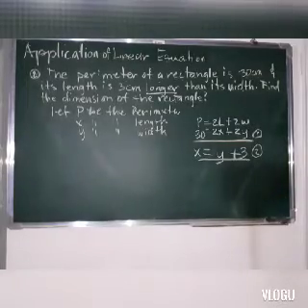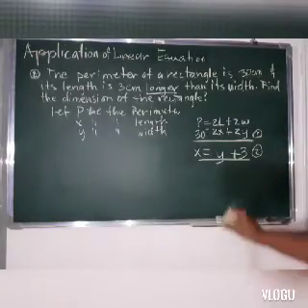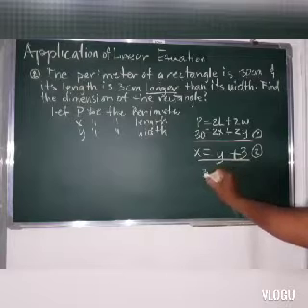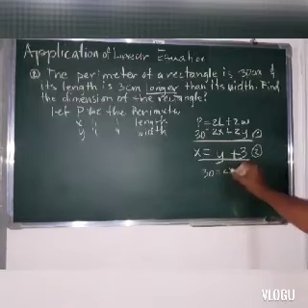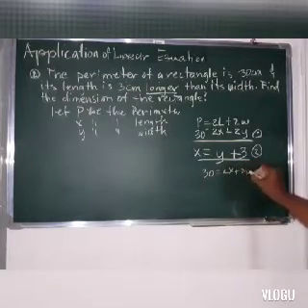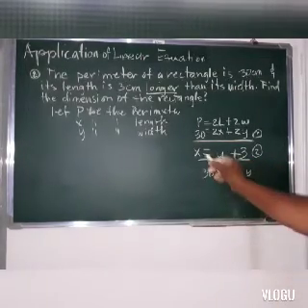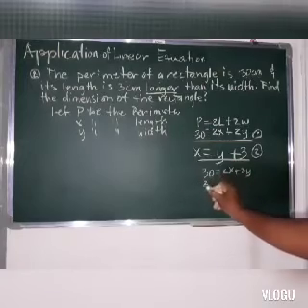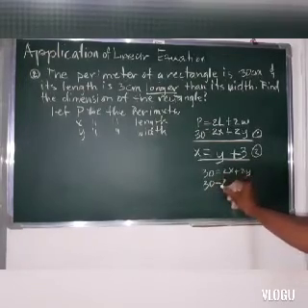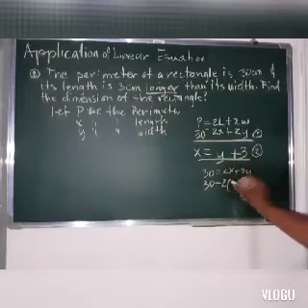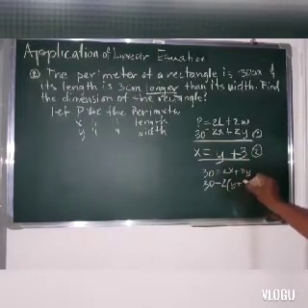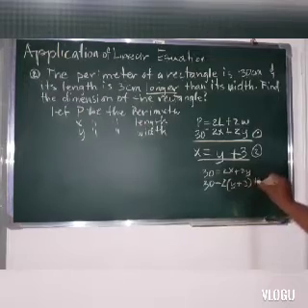we're going to copy equation number 1. So 30 is equal to 2x plus 2y. Next, substitute x. Okay, so 30 is equal to 2 times our x, which is y plus 3. So y plus 3 plus 2y.